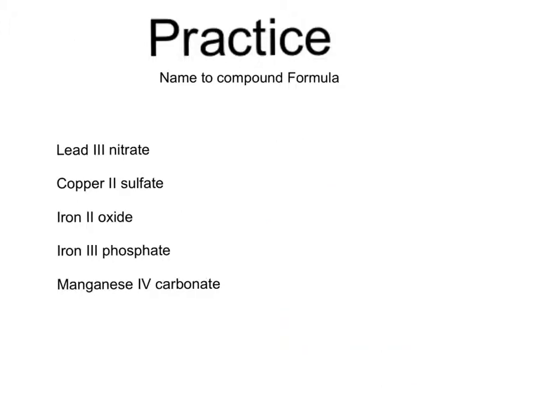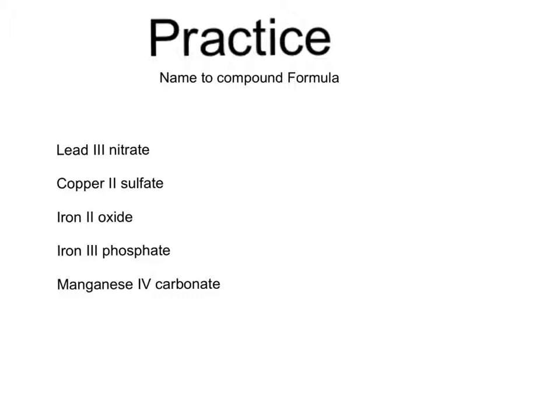Now here's some practice. What I would suggest you do is you just press pause right now, go ahead and do these on a piece of paper, and then hit play again, and you'll be able to see if you got them right. I'm going to go ahead and write these down, okay, what the charge is on the metal and then the anion, and then I'll write the complete compound here.